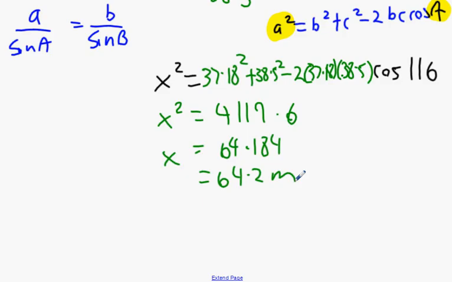Take 2 meters away. Take away your 2 meters and you get 62.2 meters. That's because it's 0.3 off. I gave it to you, right? Oh, should have done that. Okay.